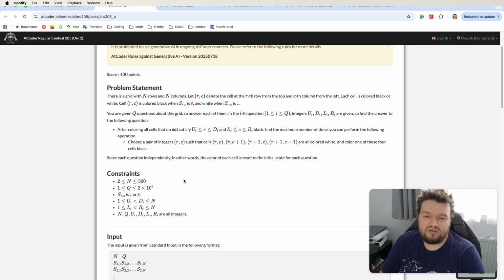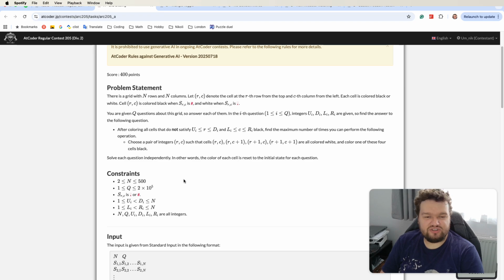Octothorpe, hashtag. And white if it's a dot. No, octothorpe is a star symbol, right? What's the correct name? I don't know. You're given Q questions about this grid, so answer each of them.